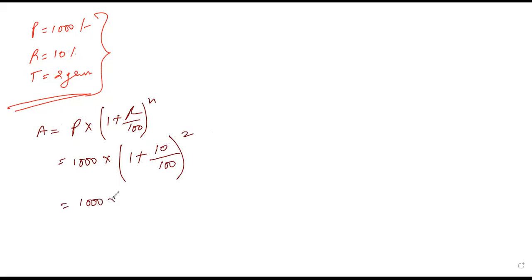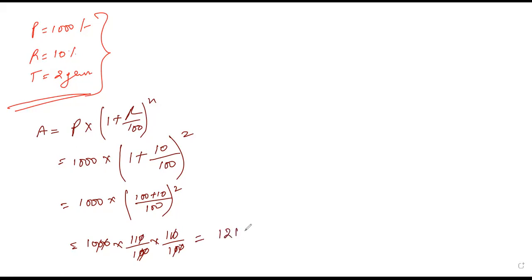So it will be 1000 into, you take the LCM, that is 100, so (100 plus 10) with power 2. So it is 1000 into 110 by 100 into 110 by 100 because it is power 2. So these two zeros can be cancelled with this one, and these two zeros can be cancelled with this one. So when you multiply 11 and 11, it is 121 with 1 zero.